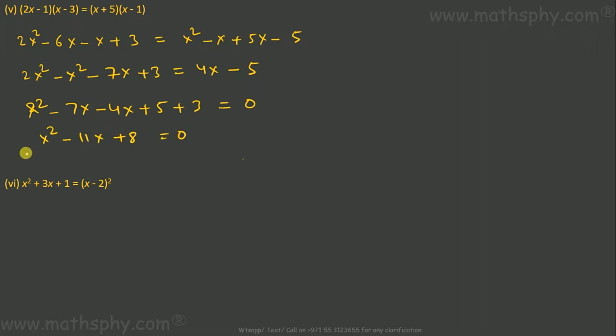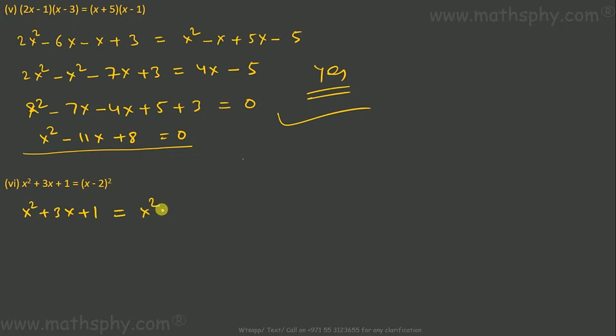Highest degree is 2, and this is in the format of ax squared plus bx plus c. So this is quadratic. This one here, x squared plus 3x plus 1 equals (x minus 1) whole square, which is a squared plus b squared minus 2ab, means minus 2x. So this is cancelled from here.